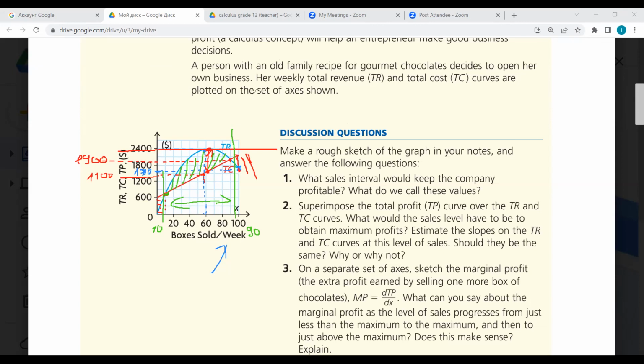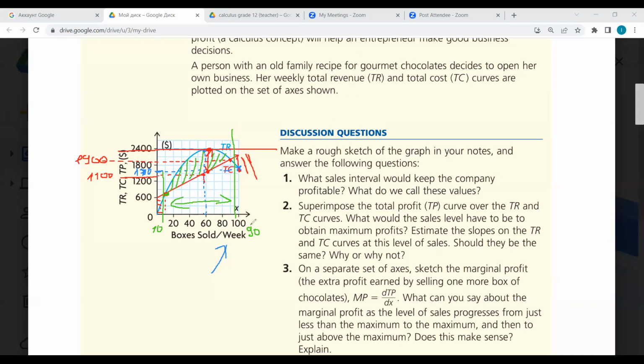She opens the business, and her weekly total revenue is how much this business makes per week, and total cost is how much this business spends per week. Two curves are plotted here. The red one is how much we spend, and the blue one is how much we make. But our profit is the difference: you earn 1,000, but you spend 500 to earn it. So in week 80, she spent $1,800.